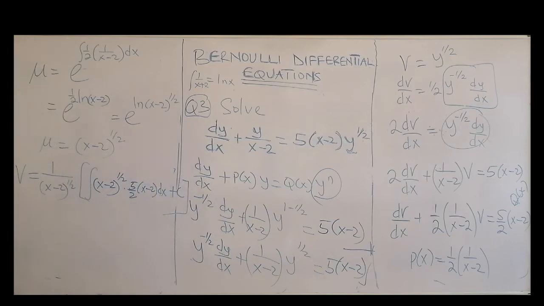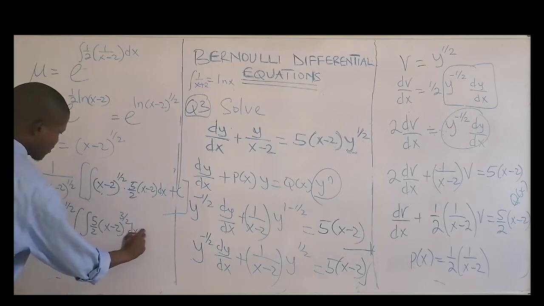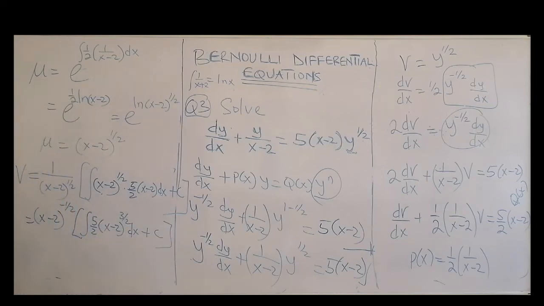You close your brackets. Then we now have this one. You can write it as x minus 2 to the power minus half, and that will be open bracket, integral. You can combine this and this together, and that will be equal to what? 5 over 2. This is half plus 1, that's 3 over 2. That's x minus 2 to the power 3 over 2 dx plus c.